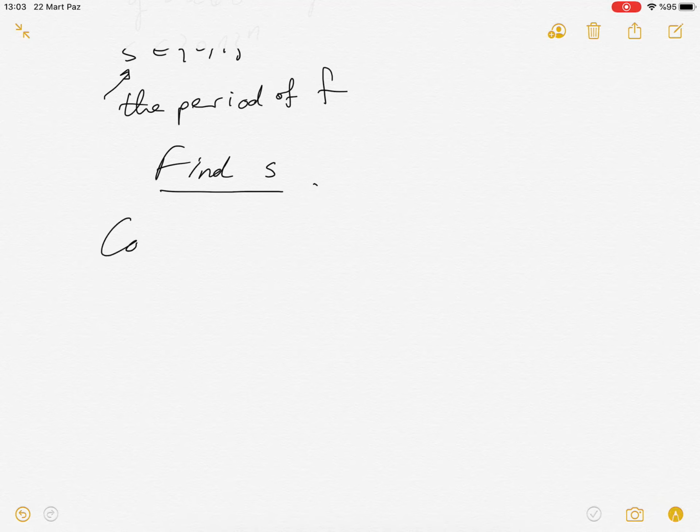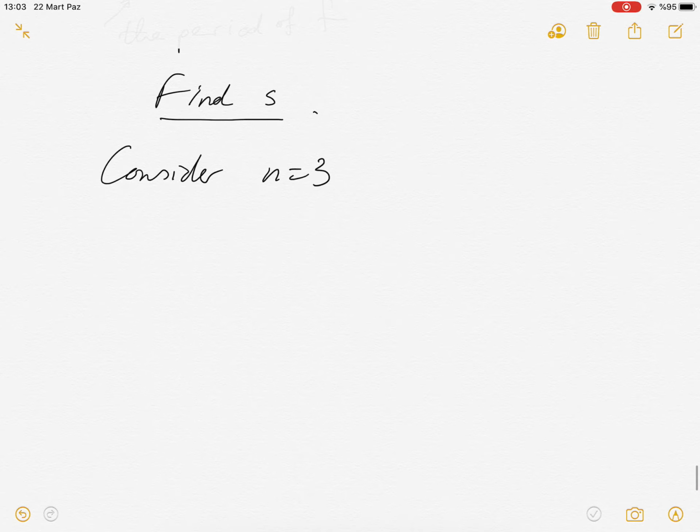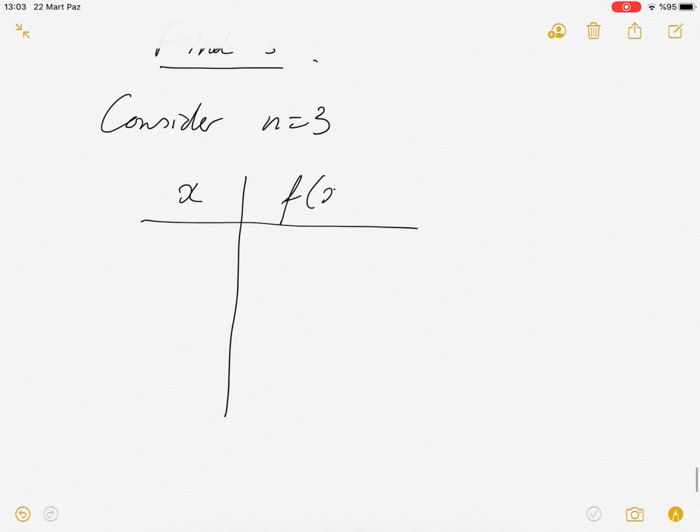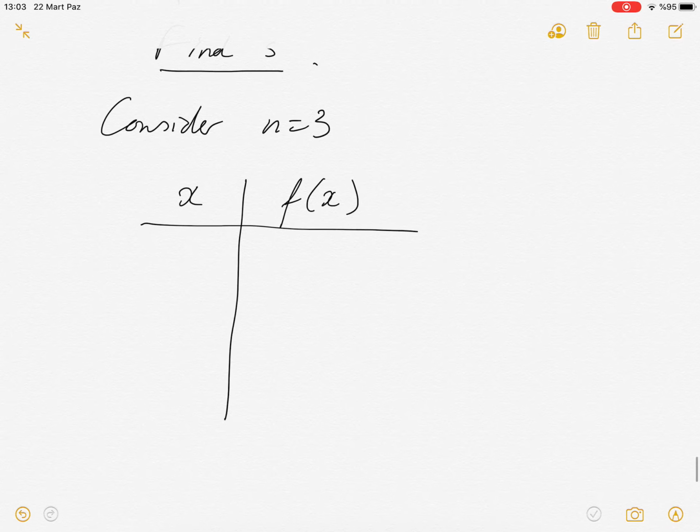Let me draw a table and give an example, a function from {0,1}^3 to {0,1}^3. Suppose that our function f is defined in such a way that on input 000, it outputs 101.